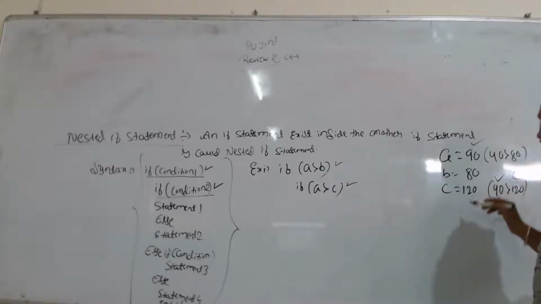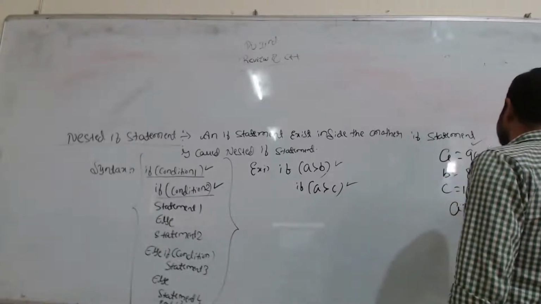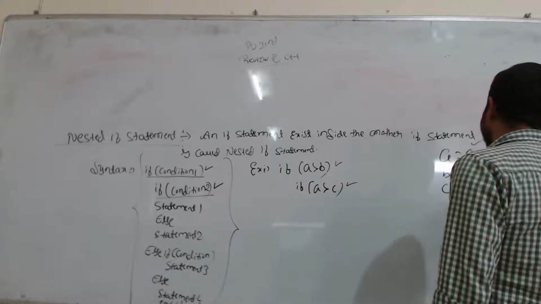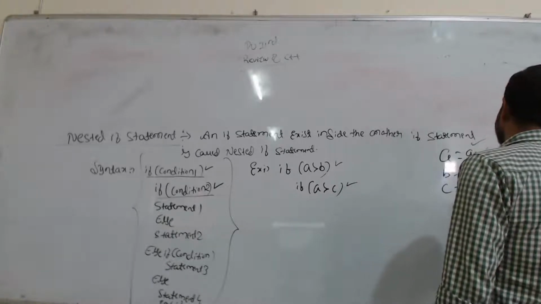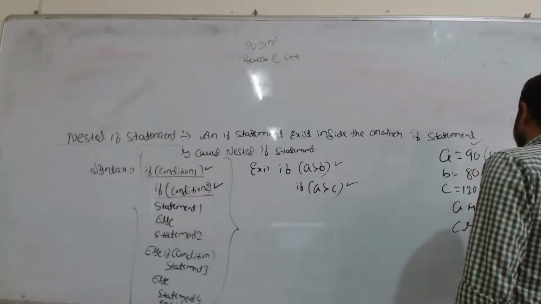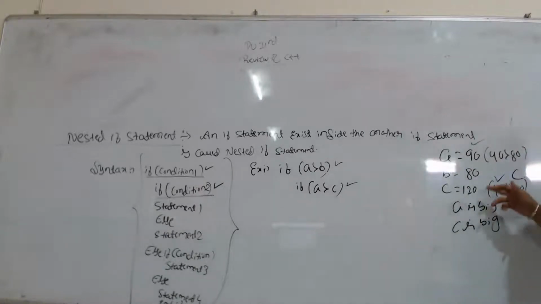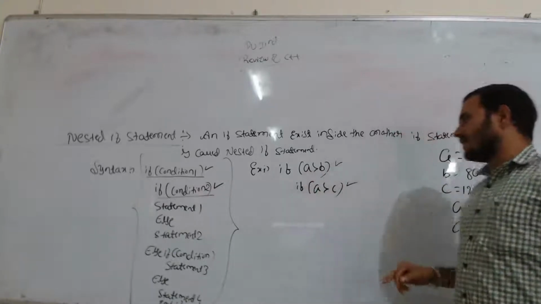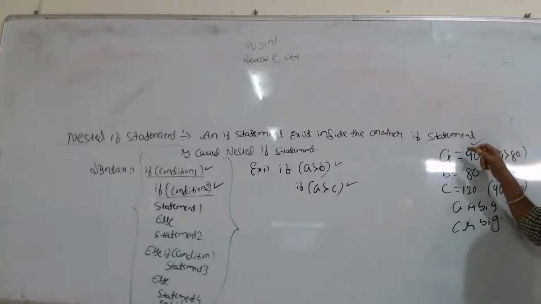So if I change the values, the first condition A greater than B, 90 greater than 80, is true.